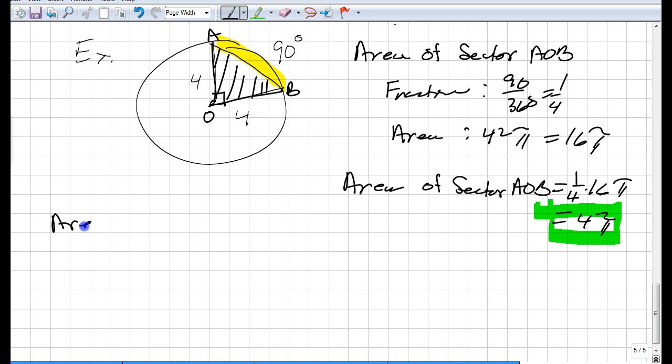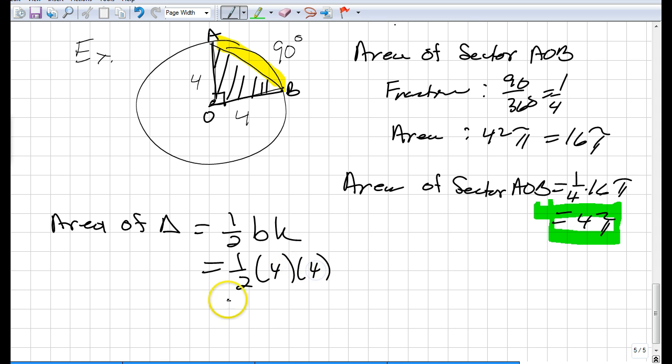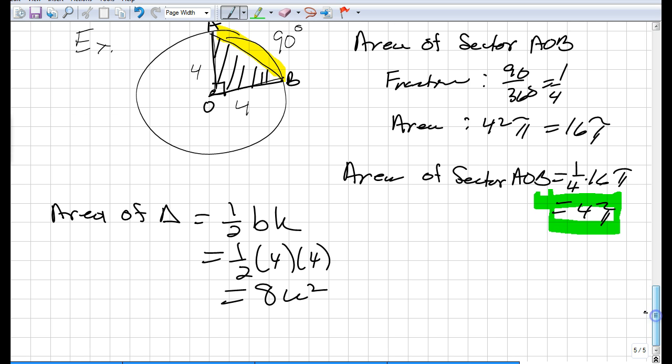So area of the triangle is 1/2 base times height. So the area is 8 units squared. Now I need to subtract that from the area of the whole sector, and what's left over will be the area of the shaded area.